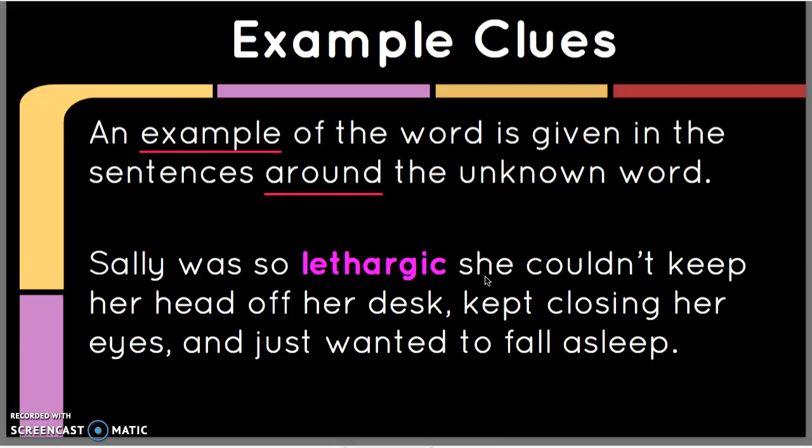Well, maybe she has a headache, or maybe she's tired. Not sure. Next example, kept closing her eyes. Well, she might be tired if her head's on her desk and she kept closing her eyes and just wanted to fall asleep. Oh, I definitely think that she's tired. So I think that lethargic means tired, just according to those examples. But again, you need that prior knowledge of what each of those items would mean.